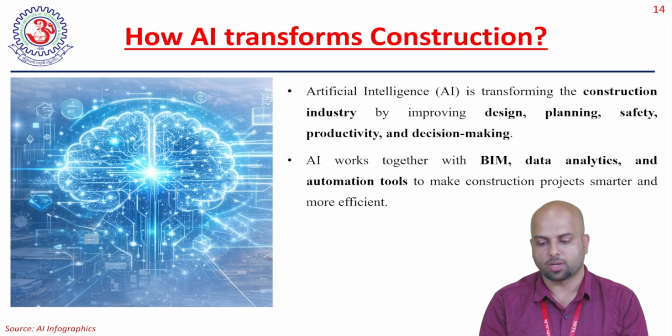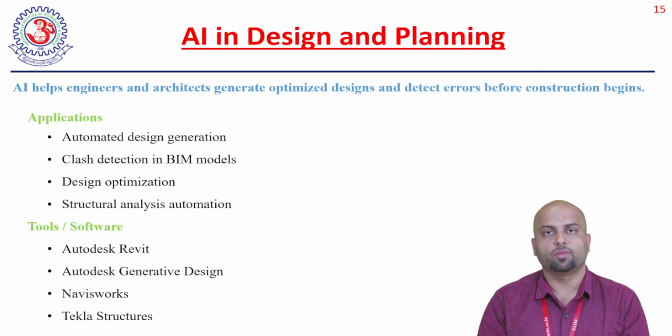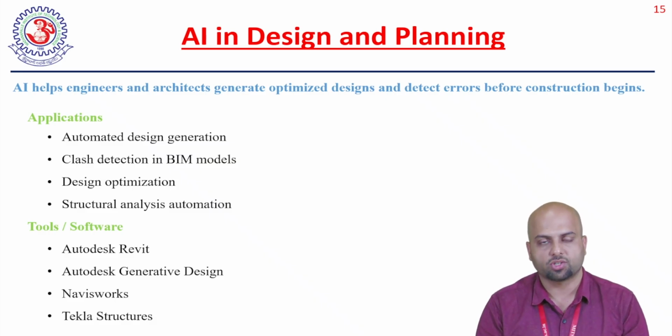smarter and more efficient. We'll see the different AI tools available. In each and every phase, we can make use of AI so that we can develop eco-efficient structures. We'll see how, in the design and planning stage, AI is helping engineers and architects generate optimized designs, and we can detect errors before construction begins.